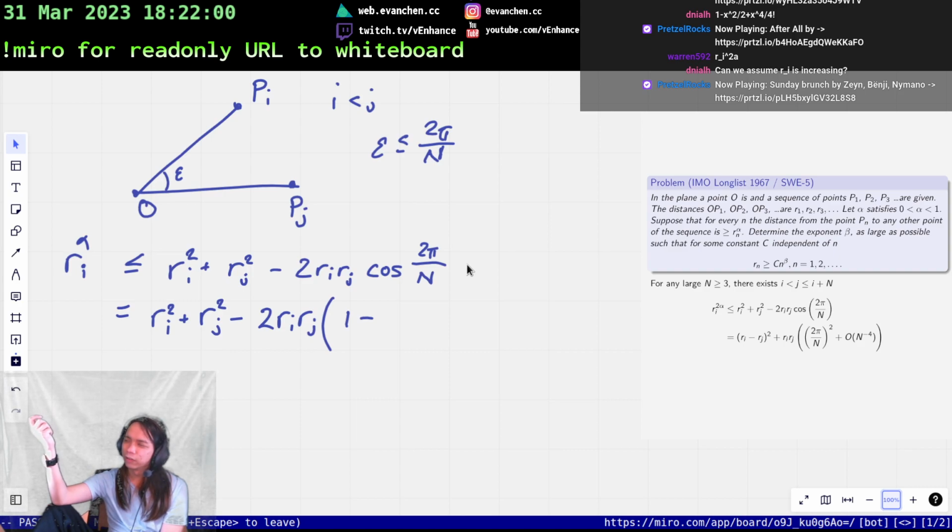Wait, actually, which way is it going? Wait, hang on. What am I trying to show? I'm trying to show that the r_i's grow kind of fast, right?